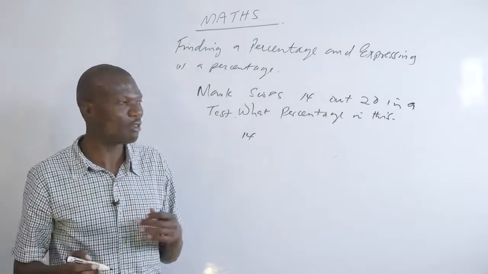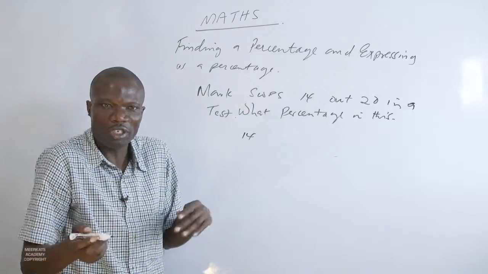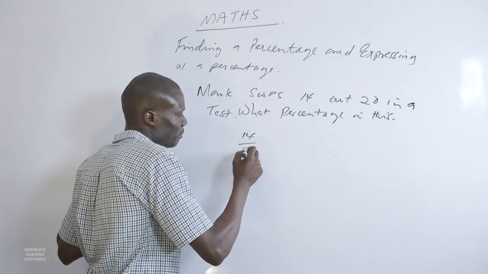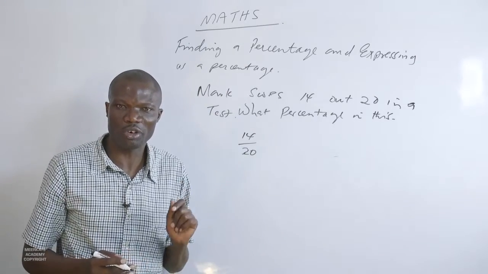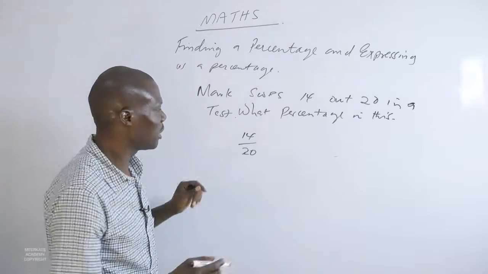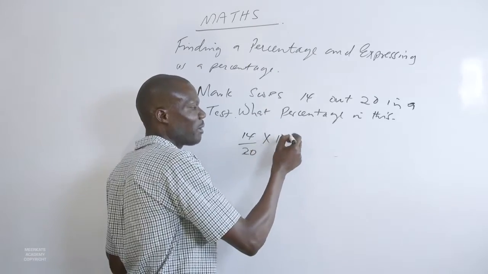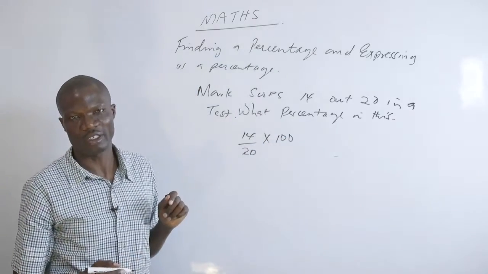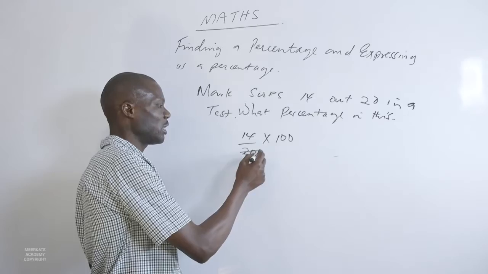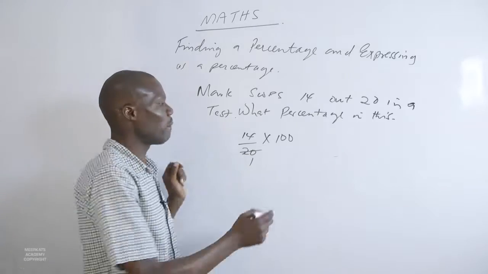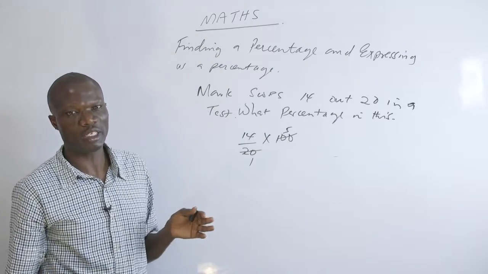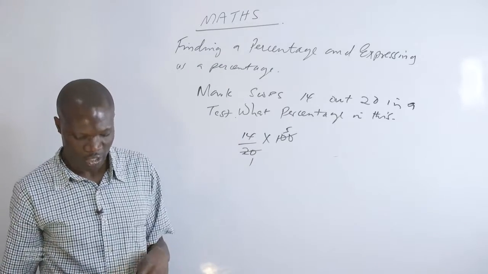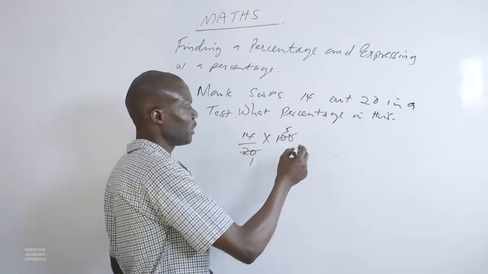What is our denominator, which is the whole? It's 20. Is this a fraction? Yes. So how do we convert a fraction into a percentage? We multiply by 100. 100 divided by 20 is 5. 5 multiplied by 14, you will get 70%.